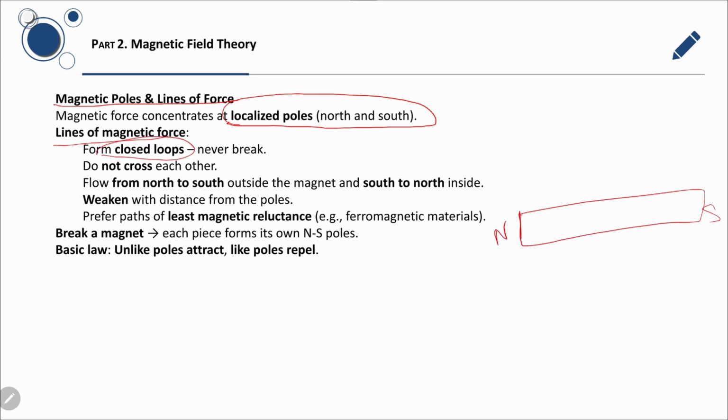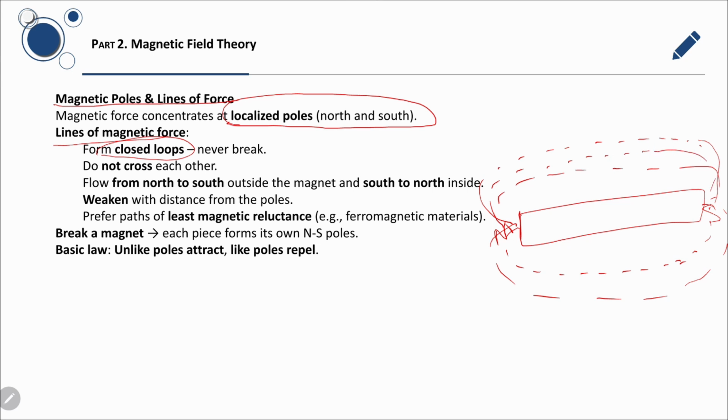Imagine this is a magnet. Magnetic fields or lines of force are always closed lines. They do not cross each other. They travel north to south outside the magnet. They never just start and stop randomly.